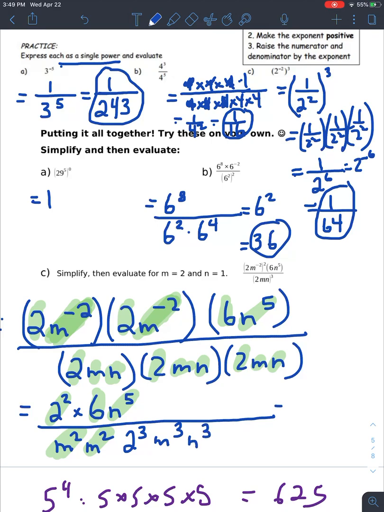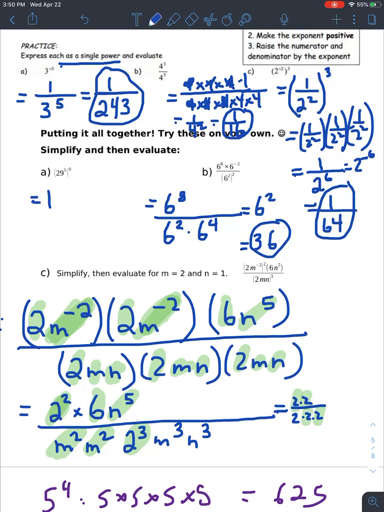Alright, so I'm going to reduce it a little bit here. I noticed that this is 2 times 2 on the top, and there's 2 times 2 times 2 on the bottom. I'm just looking at the 2's right now because I know I want to cancel them out. If I have 2 times 2 times 2 on the bottom, and two of these on top, that'll cancel that, that'll cancel that. I'm going to be left with a 2 on the bottom.